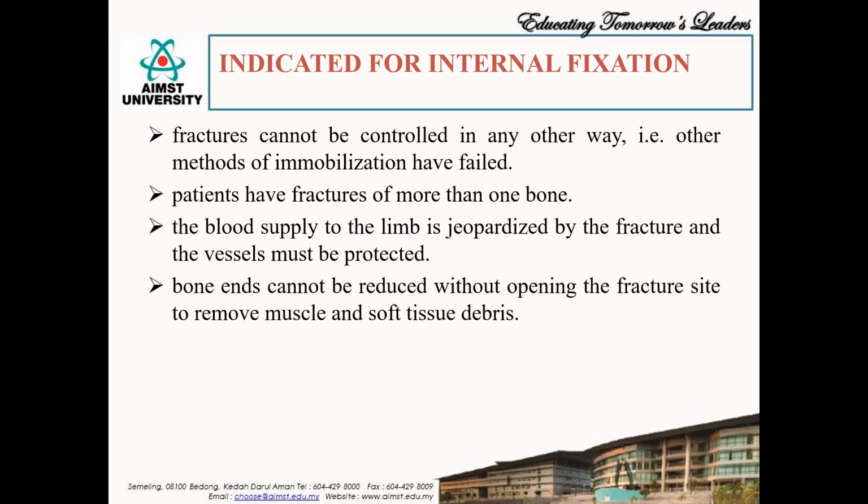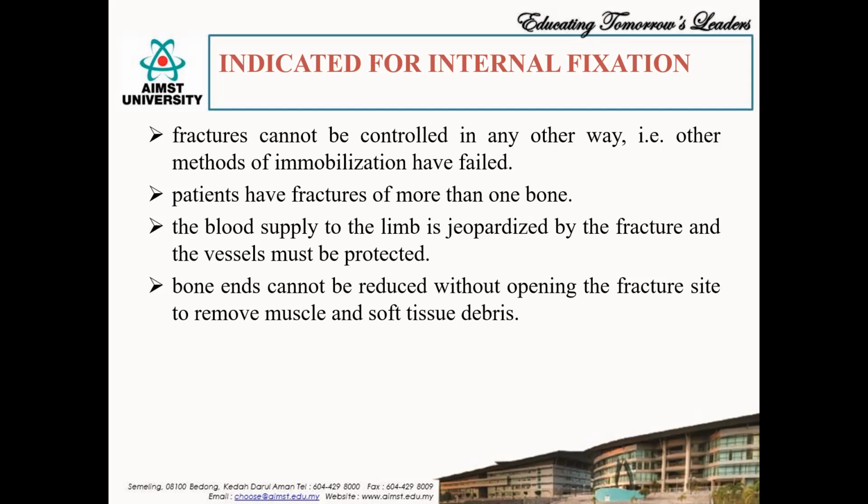And then one more thing is, sometimes it cannot be reduced. Like I told you yesterday, a spiral fracture is very difficult to reduce. Whatever maneuvers are there, you need to give traction, and then apply some kind of internal rotation, external rotation, whatever it is.